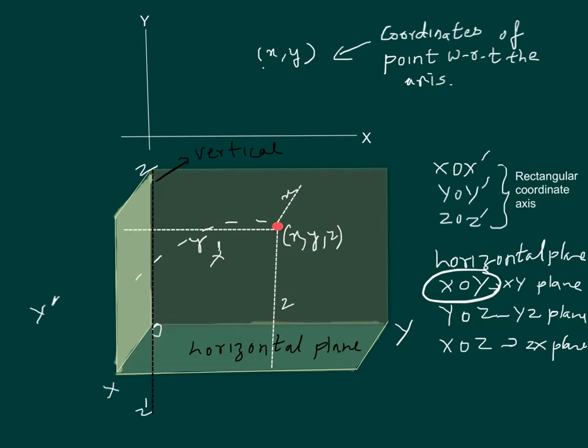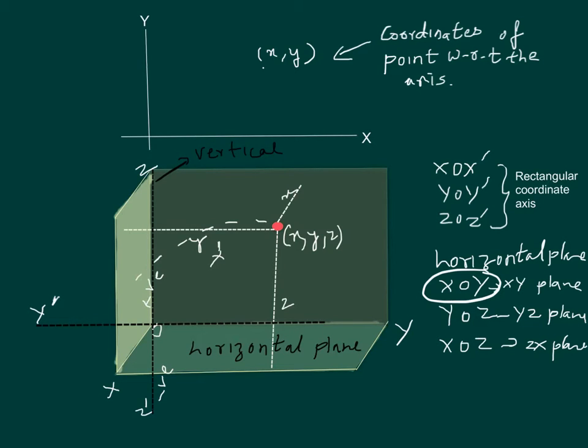The distance measured upwards from the XY plane in the direction of OZ is taken as positive, and that taken in the downward direction from the XY plane, that is OZ dash, is taken as negative.